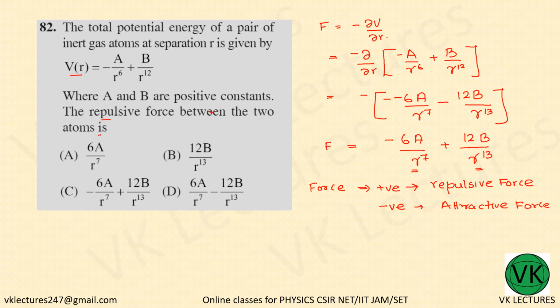The question asks to find the repulsive force. So the repulsive force F R is equal to 12B divided by R power 13. If the question had asked for F attractive, the answer would have been minus 6A divided by R power 7. But according to this question, it asks for the repulsive force, so your option is option B.